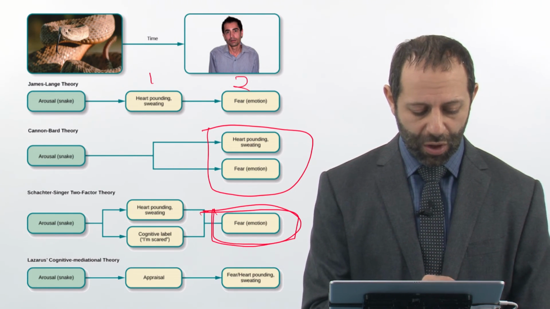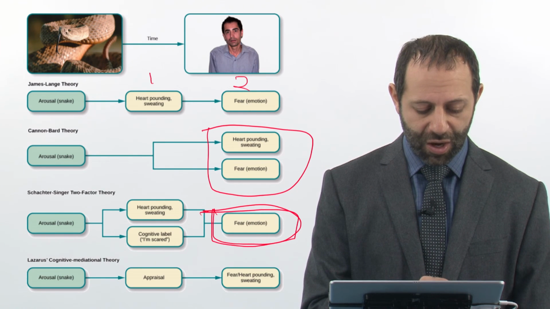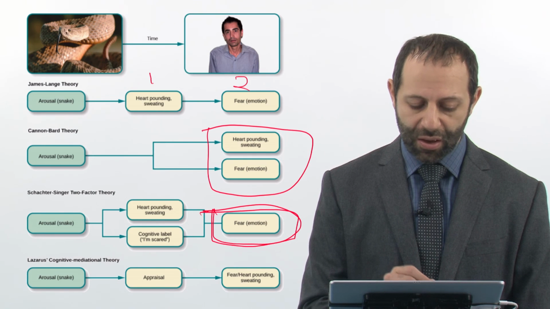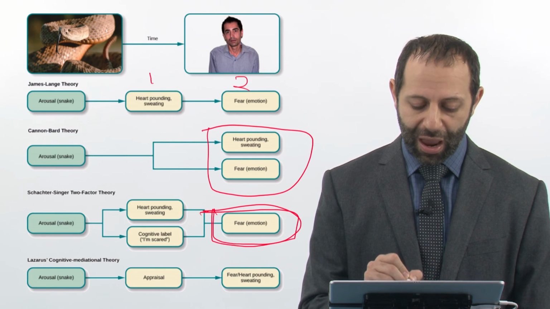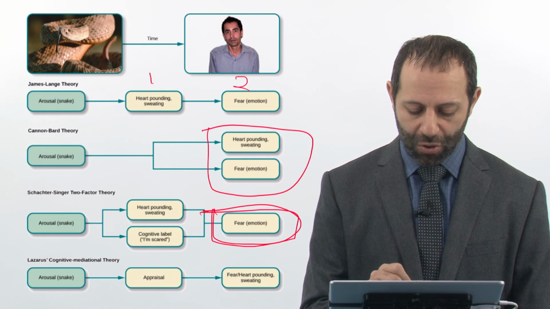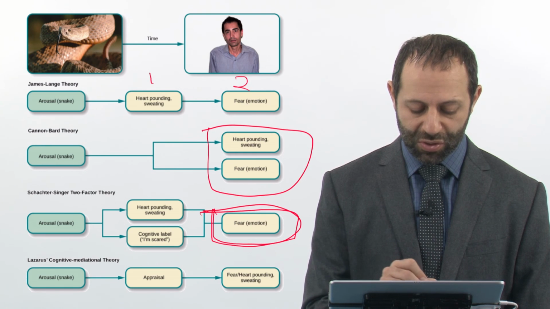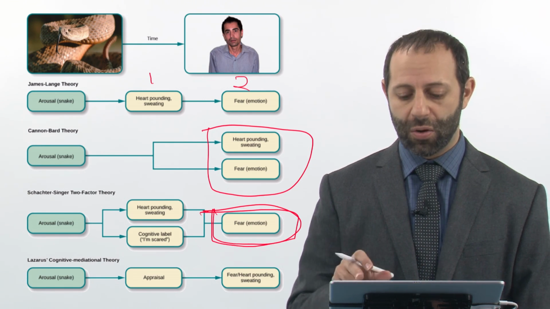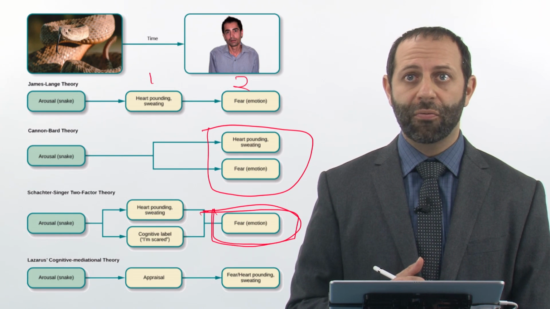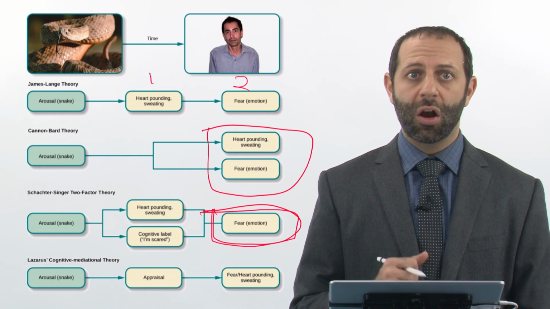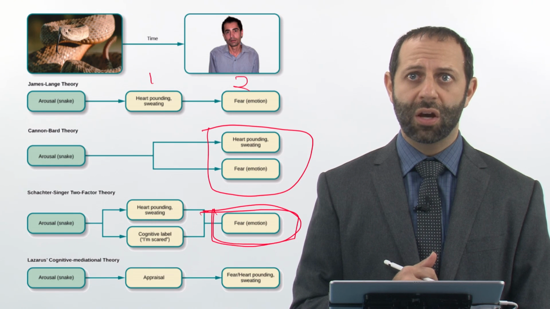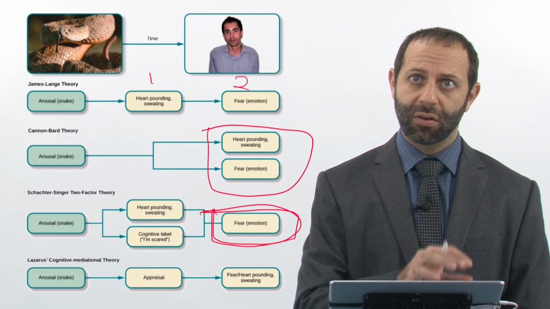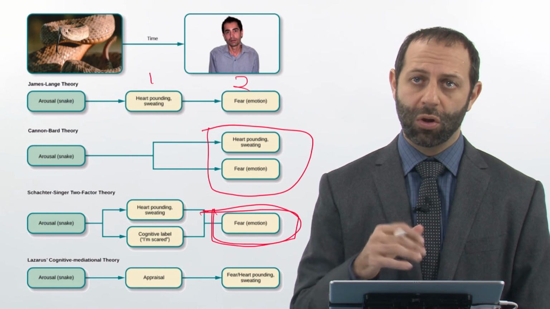There is one other theory by Lazarus, which is the cognitive mediational theory, which says that after I see the snake, I appraise the situation, and then from there I have the fear or the heart pounding and sweating. So it's kind of a two-step process as opposed to what we saw in this area. So that's about it for this particular section, covering 3 or really 4 theories of emotional processing. I hope you got it, and do your best to even picture this grid when you're trying to study.